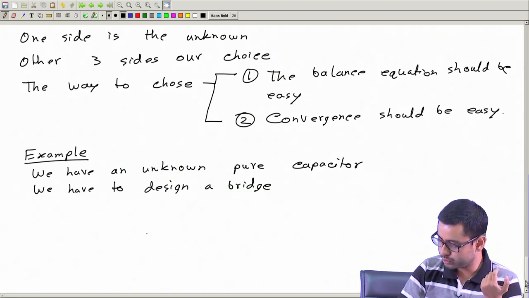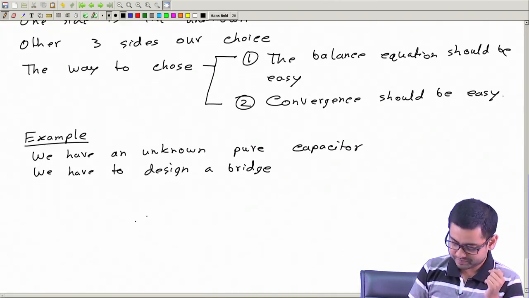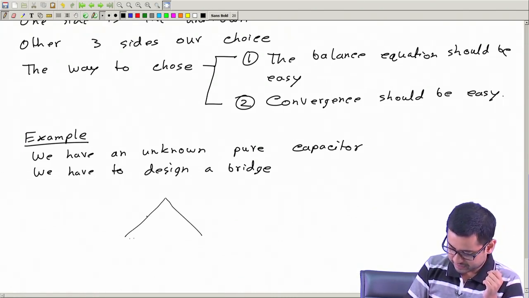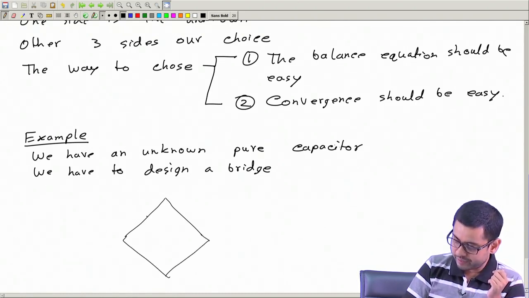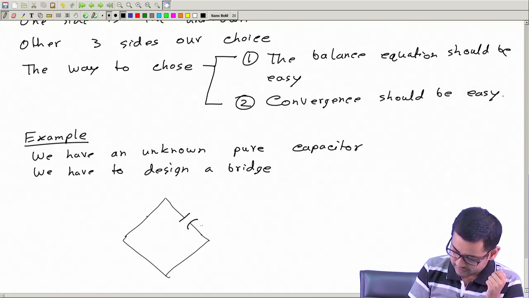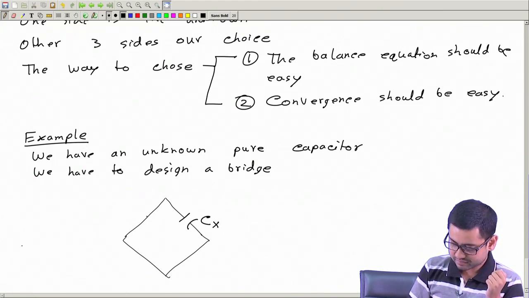Basically, we have to choose what to put on the four arms. Now, a bridge means always these 4 arms. Now one of them will be the unknown, the capacitor. So of course we can put the unknown one in any branch you like, anywhere you like. This is Cx, and this is nearly pure, so no parallel or series resistance we are putting here.